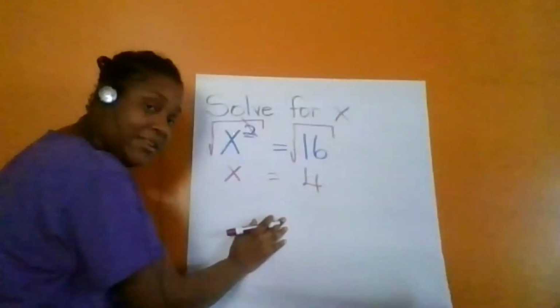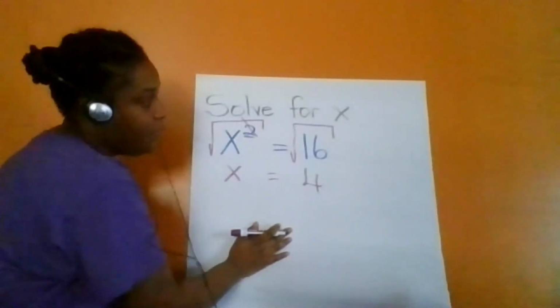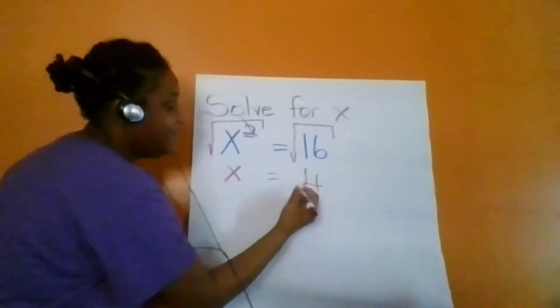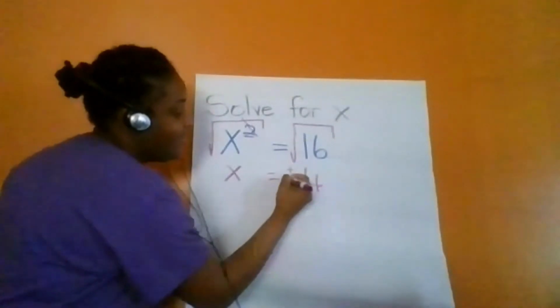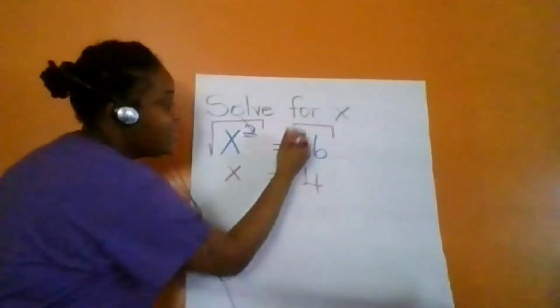And as Mr. Bulanam says, there's something important that we have to write. What is it that we're missing again, Mr. Bulanam? We are missing the plus and minus on the square root of 16.